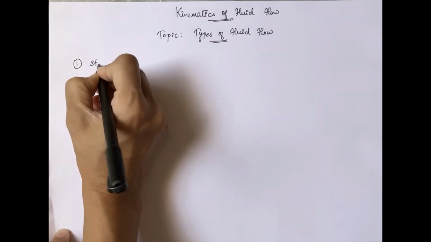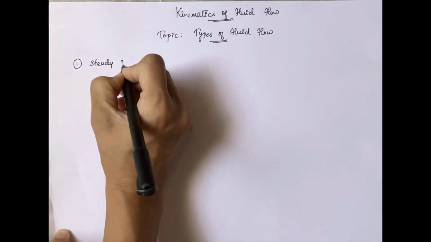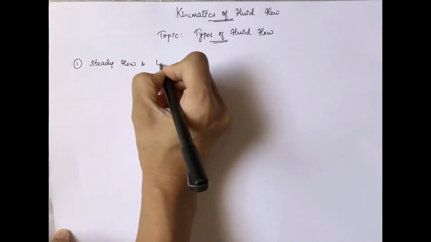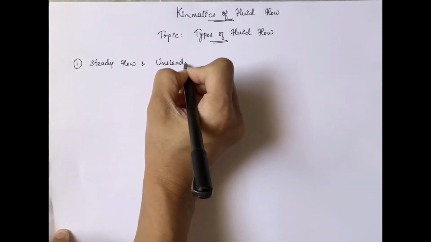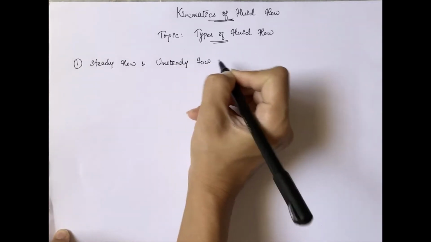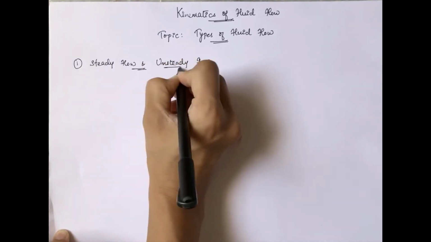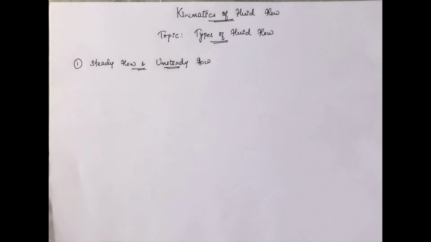First is steady flow and unsteady flow. The first classification of the type of fluid flow is steady flow and unsteady flow.